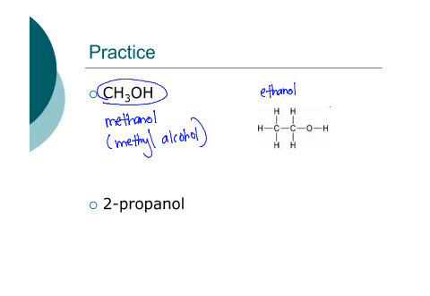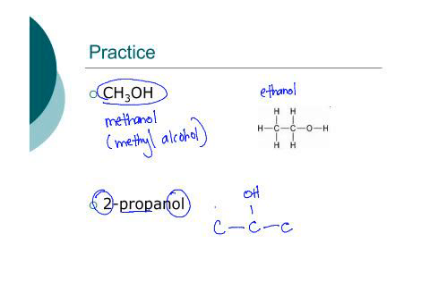I wanted to mention another possibility here. We've got 2-propanol. So we have to work backwards for the name. The prop prefix is telling us that there are 3 carbons in the chain. And the number 2 is saying that the hydroxyl group, which is indicated by OL, is attached to the second carbon. That's what 2-propanol means.